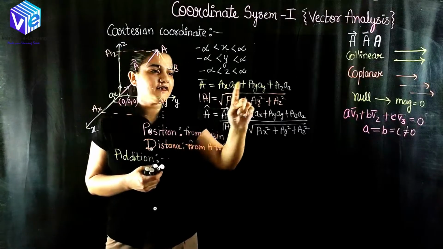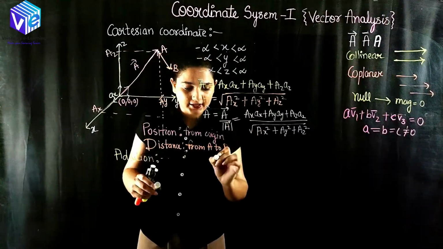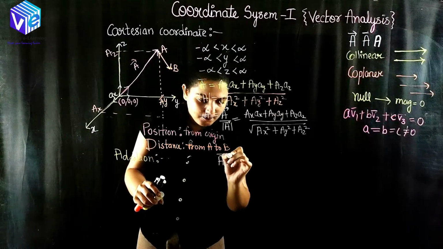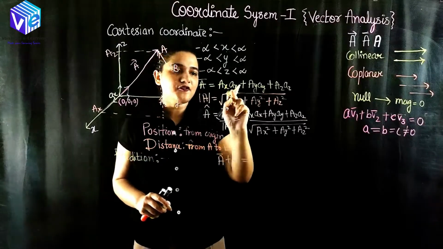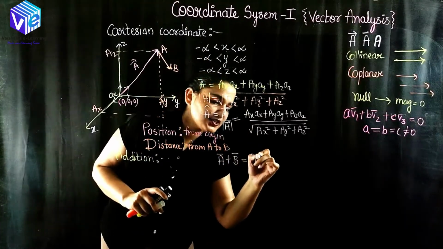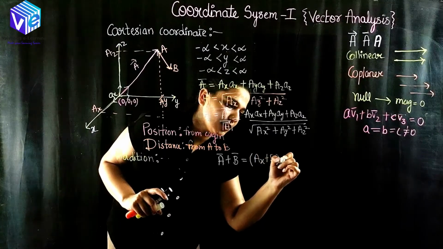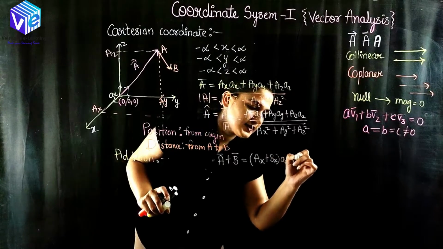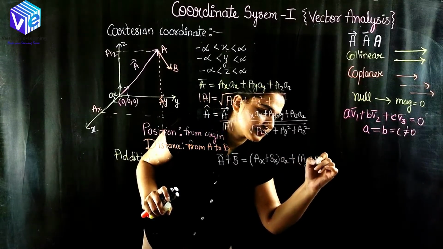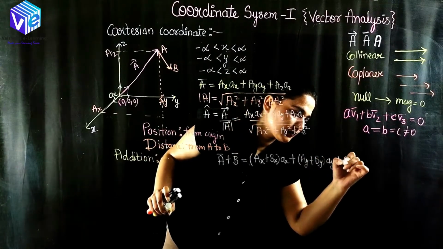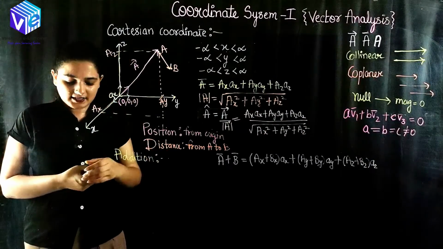If I have the A vector represented like this and another vector B, then A vector plus B vector is represented by adding the coefficients of AX and BX, with the unit vector along this direction. Similarly, we add the coefficients along the Y direction and Z direction. So this is basically vector addition.